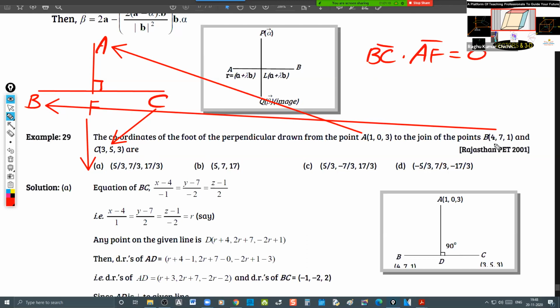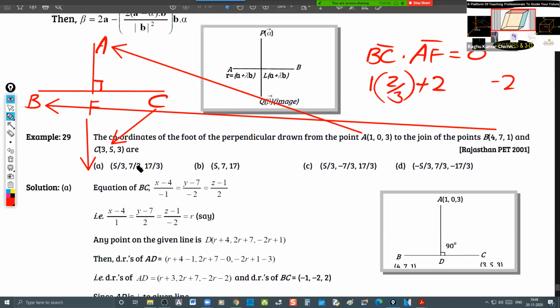BC bar is easy for you. This is 4 minus 3, 1. 7 minus 5, 2. And 1 minus 3, minus 2. Now, let me write AF bar. This is A. A is what? 1, 0, 3. F is 5 by 3, 7 by 3, 17 by 3. 5 by 3 minus 1, 2 by 3.